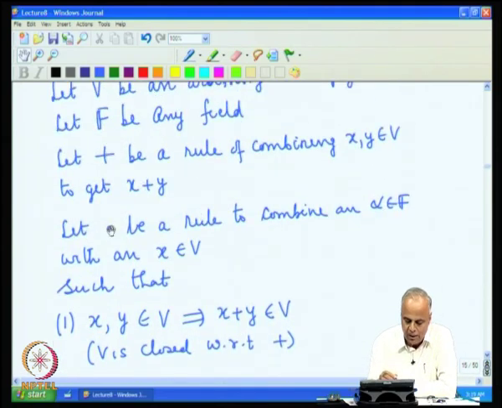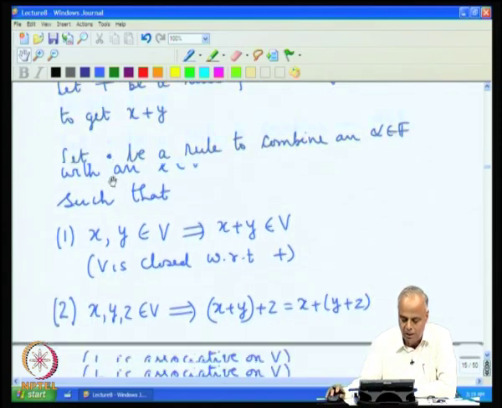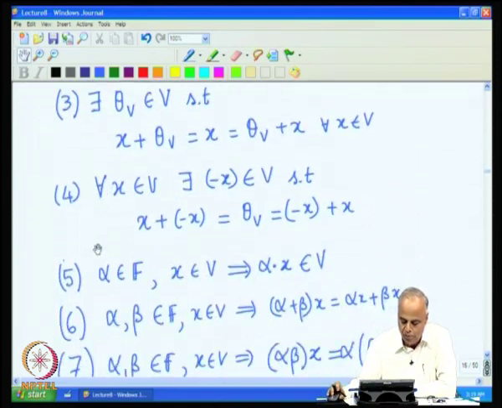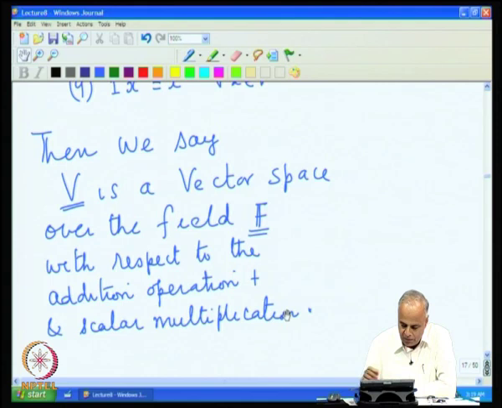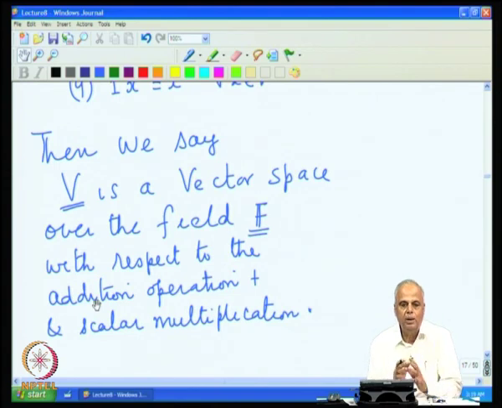So, this addition and scalar multiplication play an important role. So, therefore, we have to say it is a vector space over the field F with respect to these operations plus and scalar multiplication. All the 4 play an important role in the structure of the vector space.